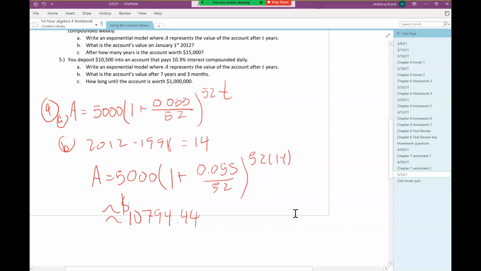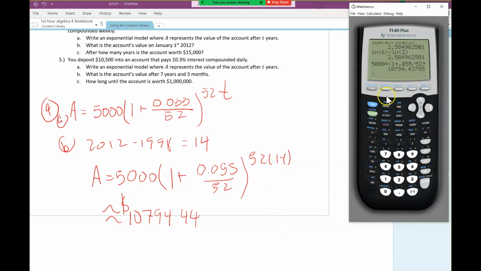Okay, and then part C. After how many years is the account worth $15,000? So this is something I'm going to do all on my calculator. So I'm going to put 15,000 into one of my Y slots, and then my model into the other.